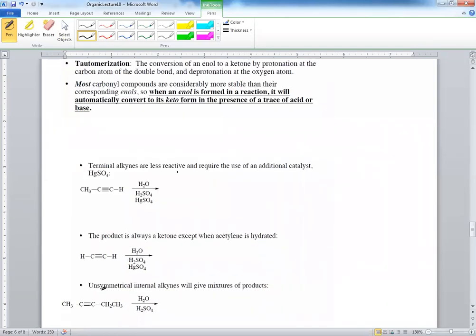Terminal alkynes are less reactive. As you see here, this is a terminal alkyne and requires the use of an additional catalyst. And this is your additional catalyst. It's a mercury-based catalyst. And if you see that, then that's going to give you a ketone.